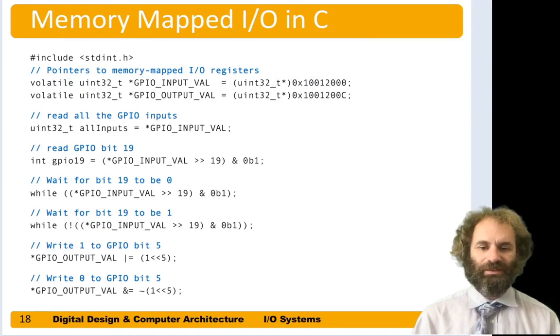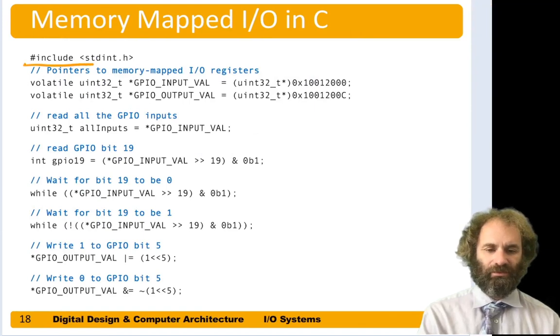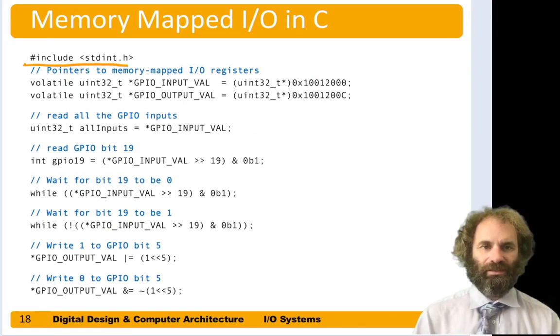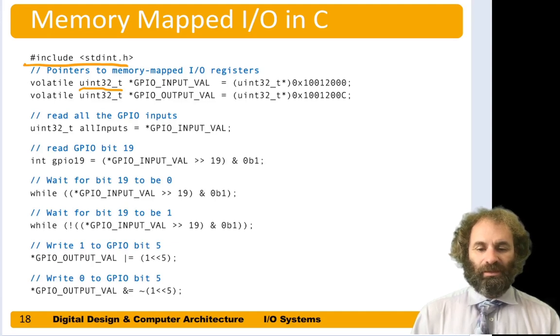Let's jump in with an example of memory mapped I/O in C. We'll start by including stdint so that we can define our integers of various sizes. The registers are 32-bit registers, so let's use the unsigned integer 32 type to represent a 32-bit number. Let's say we want to use two registers. One is an input value for general purpose I/O, and one is an output value. We'll talk later about exactly what this means.